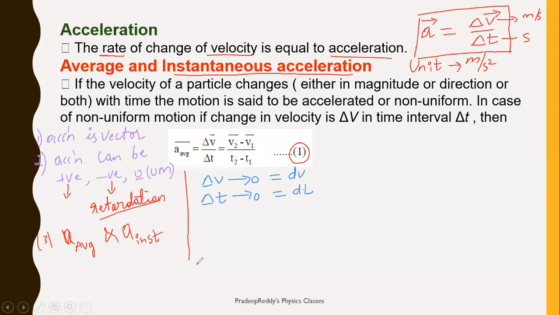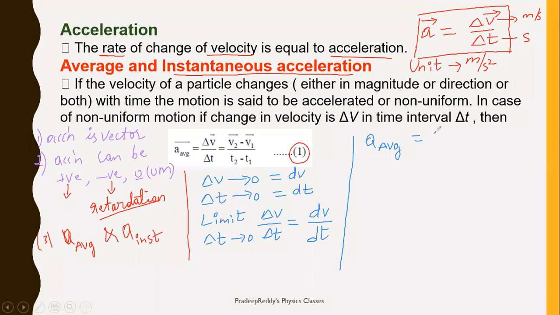So simply I can write it as limit delta t tending to 0, delta v divided by delta t is equal to dv divided by dt. Average acceleration is equal to delta v divided by delta t, and instantaneous acceleration is equal to dv divided by dt.